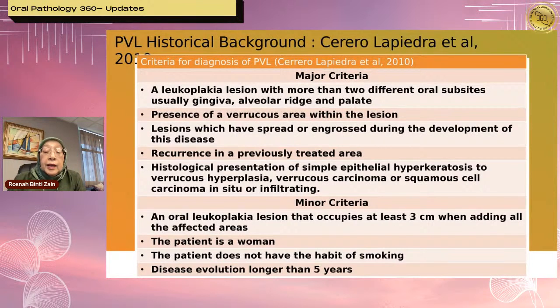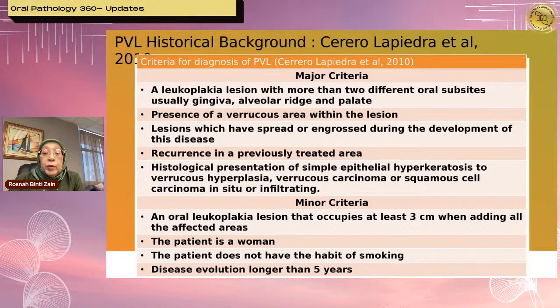And here comes the histological presentation, with simple epithelial hyperkeratosis to verrucous hyperplasia, verrucous carcinoma, or squamous cell carcinoma in situ or infiltrating. So the histological presentation is almost similar to Hansen et al. And then minor criteria were also considered.